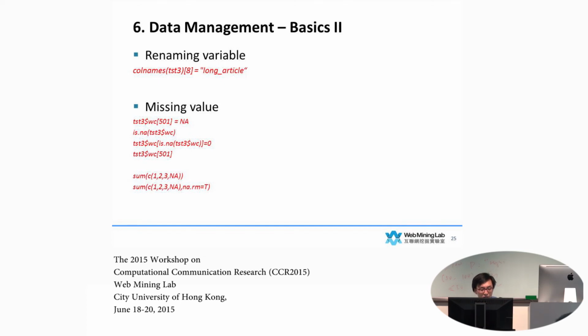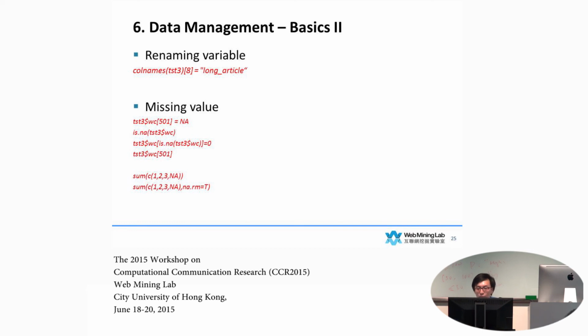Okay? So next, how to rename a variable name. For example, we want to rename the section name. We call it non, and we want to rename this one to section. That's it. We should use the column names of TST3, that's the data frame name.